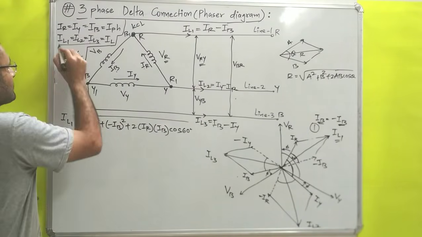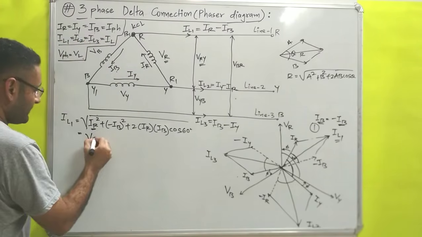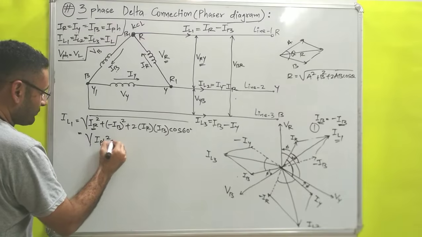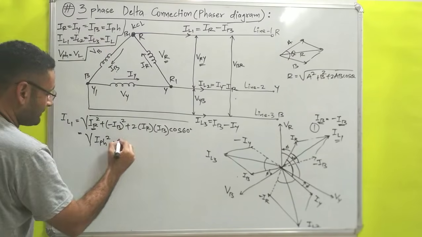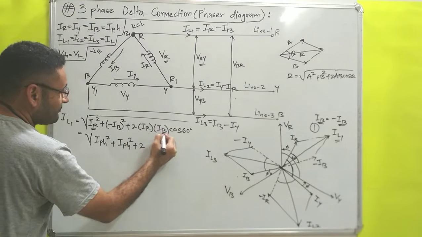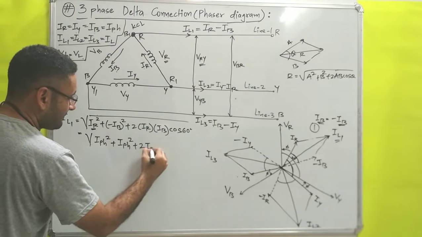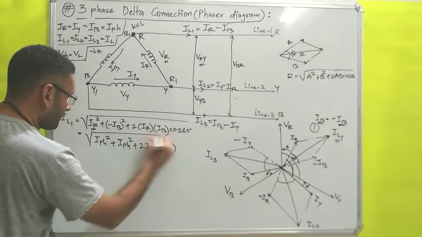IR is phase current. So for the balanced system, IR, IY, IB is equal to IPH. So I can write IPH square, plus minus minus square means plus, IB is the phase current, so IPH square plus 2 IPH IPH, and cos of 60 is 1/2.